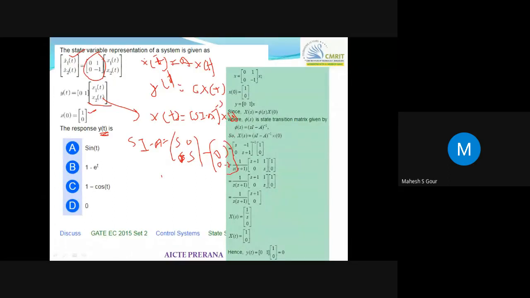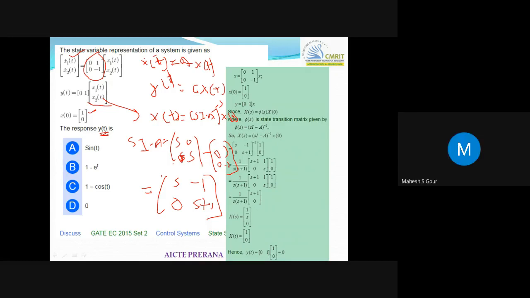Correct? So when you subtract, what are you going to get? Yes, this remains the same, this will become minus 1, this will remain 0, and this will become s plus 1. Everyone got this? sI minus A. Till here, is it clear? Yes, sir.